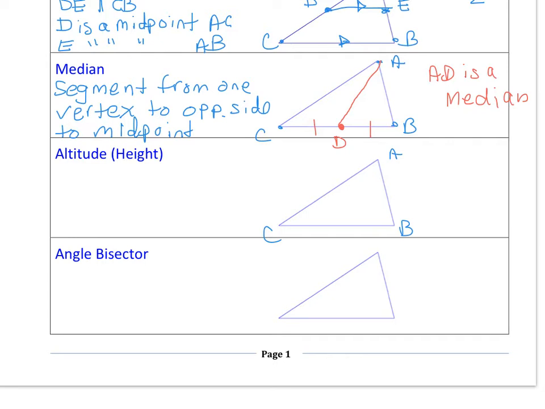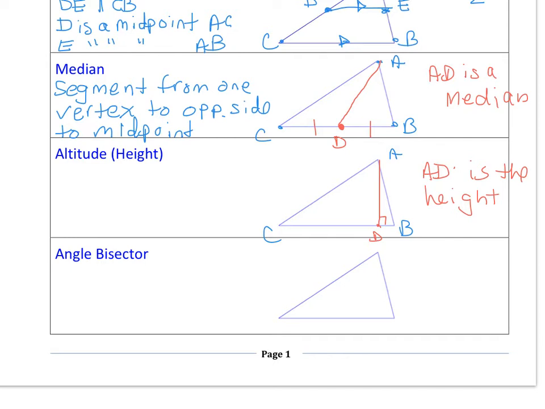So it comes straight from one vertex perpendicularly to the opposite side. So this is the altitude. I'm going to label this point D again. So here AD is the height or the altitude. Those 2 words are one and the same.